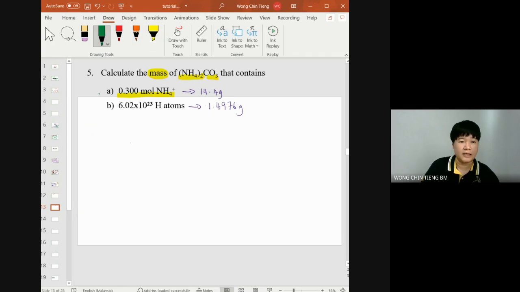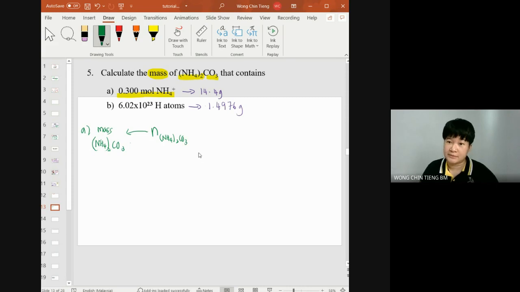So, saya mula dengan soalan A dulu. Okay, saya nak cari mass of (NH4)2CO3. So to get this mass, I obviously need to find the number of mole ataupun we need to find the n. Simple je, malas nak tulis banyak. We need to find the number of mole of your ammonium carbonate.